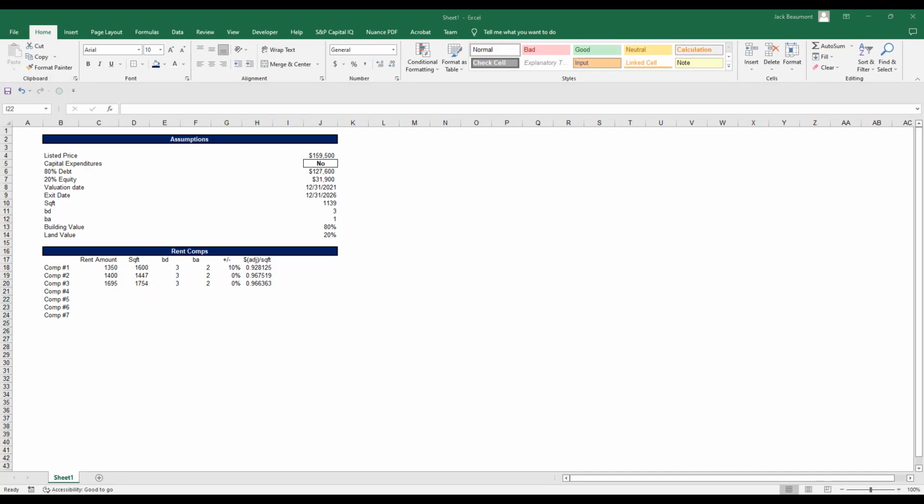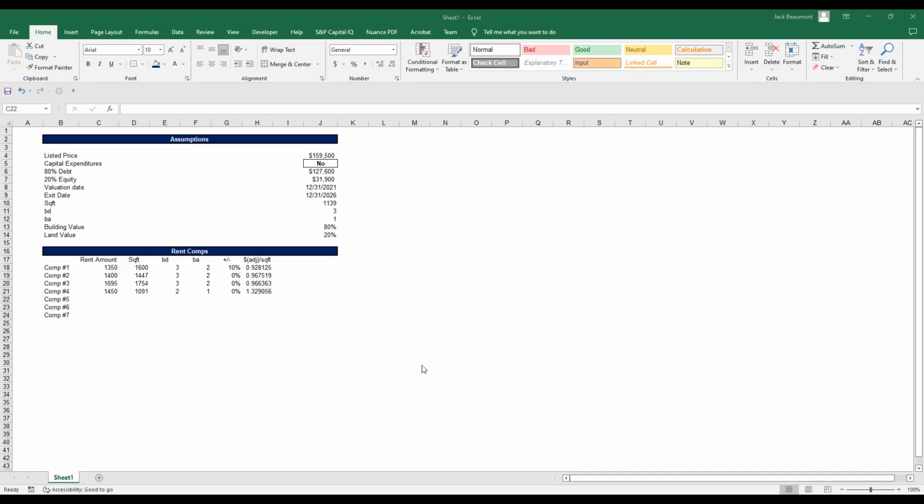Okay, I've got another one here, which is 1450 square feet, only 2-bed, 1-bath, and it's in a slightly better location, so I'm not going to make any adjustments here. So we're getting a bit higher on that one.